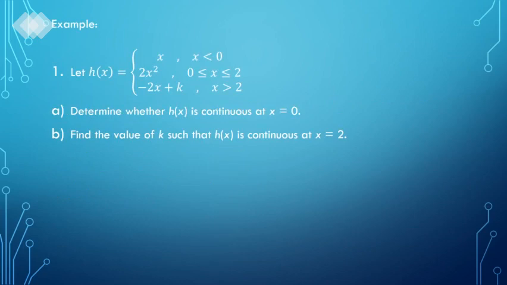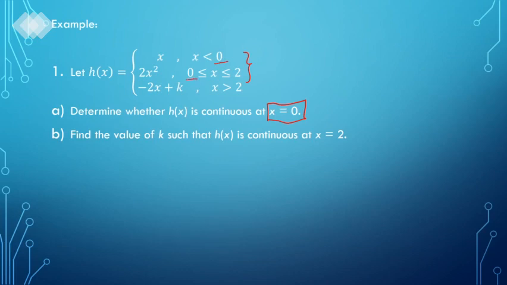Okay, we go for example 1. Okay, you have h(x), a three-part function. So first determine whether h(x) is continuous at x equals 0. So when x equals 0, you have these two conditions because they involve x equals 0.